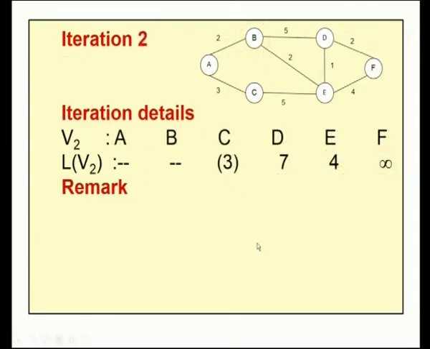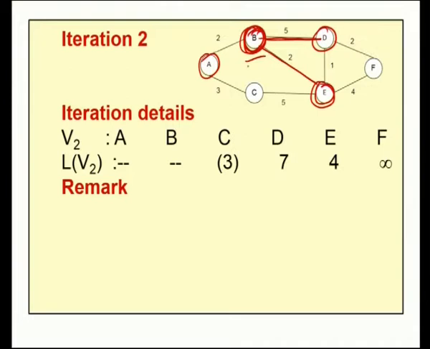So, in the first iteration we select the node A, and in the second iteration we select the node B. Now, we have to select the nodes which are adjacent to the node B. The nodes adjacent to B are node D and node E, because node D is connected to node B by a direct, single edge, and node E is connected to node B by a single edge.